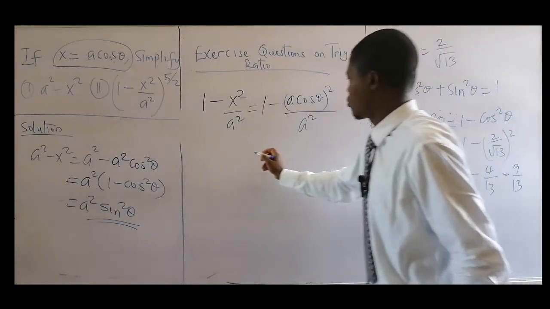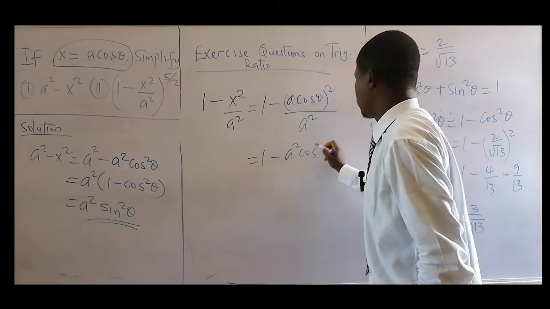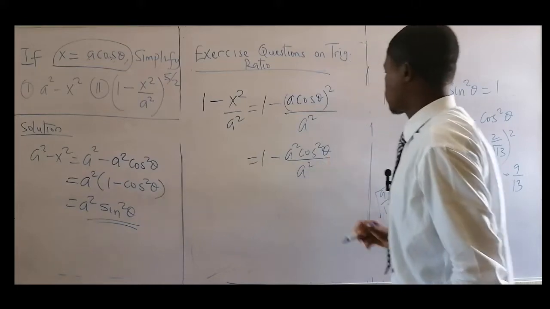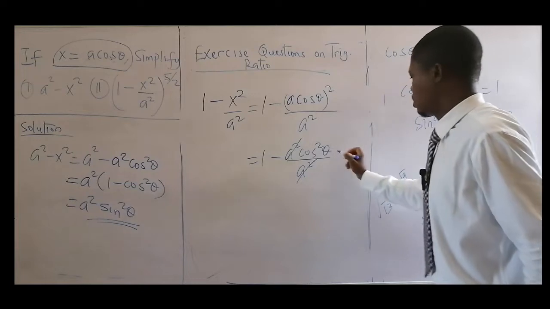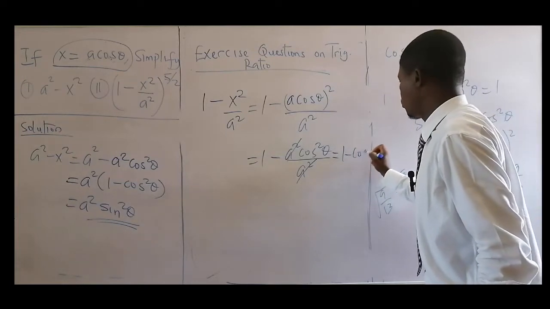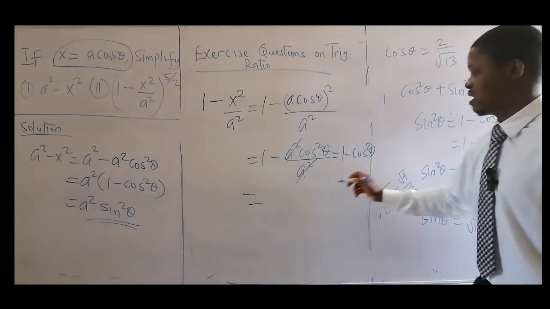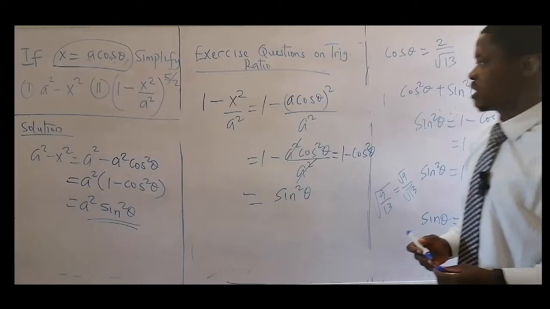Okay, and this will give us 1 minus a squared cos squared theta all over a squared. Okay, so a squared we cancel out, then we have 1 minus cos squared theta. And 1 minus cos squared theta is what? Is sine squared theta.